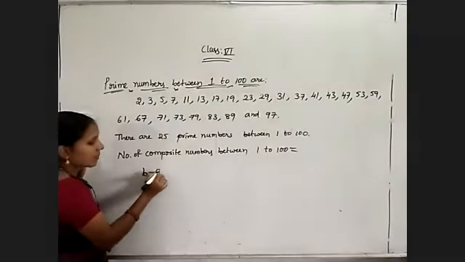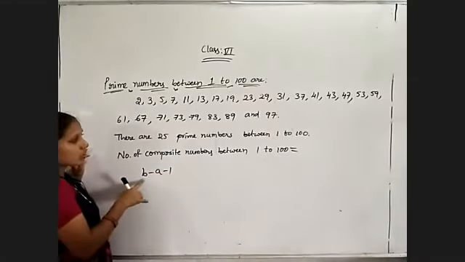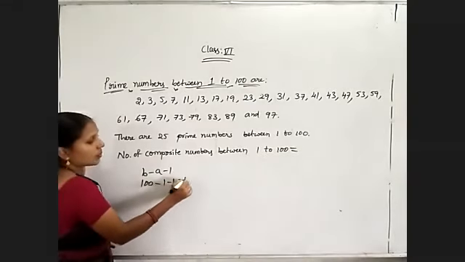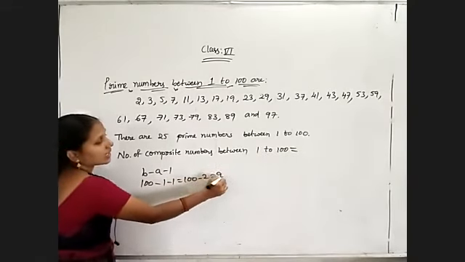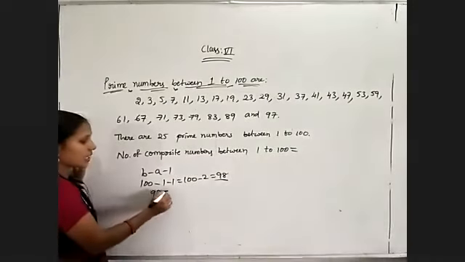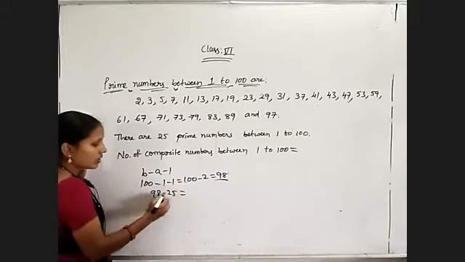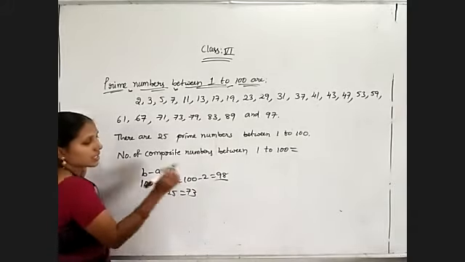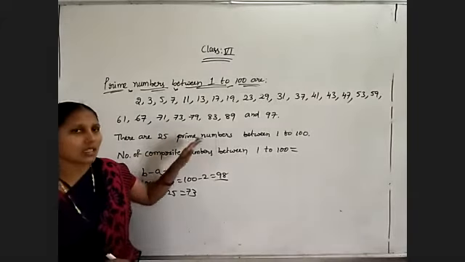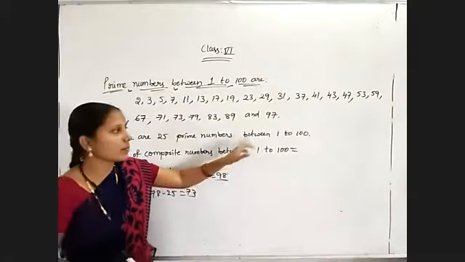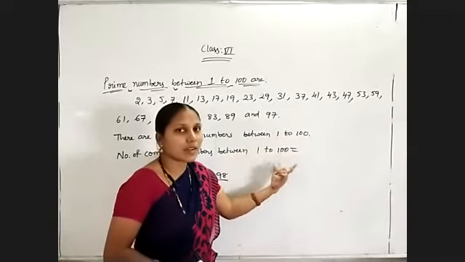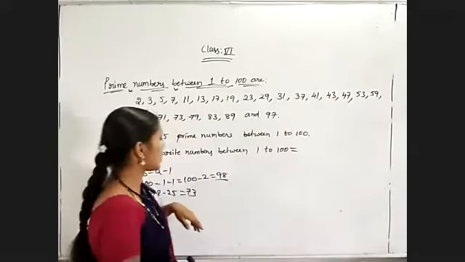So the b value is 100, minus the a value 1, minus 1. 100 minus 2 is equal to 98. But among these there are prime numbers also, so 98 minus 25 is 73. Actually, 25 prime numbers means 75 composite numbers, but since we are taking between, 1 and 100 we will not count. So 75 minus 2, that is 73. Like that also we can do.